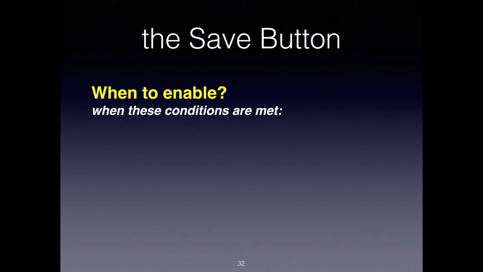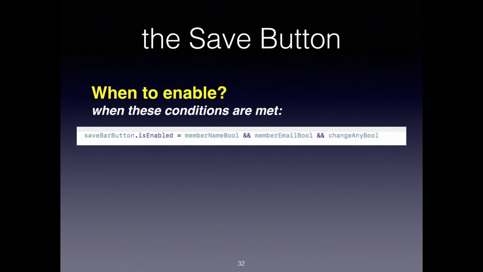So what we want to do is have certain conditions met before we allow you to save. One of them is that the member name is there. If there is no member name, we don't want you to save. You can't save it without a name. Similarly, you can't save it without an email.